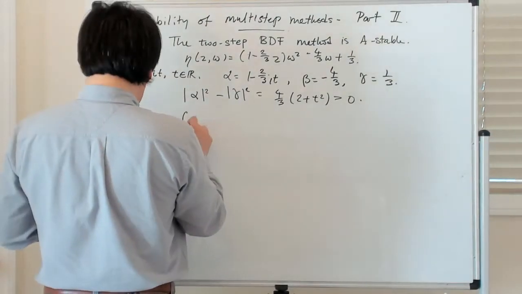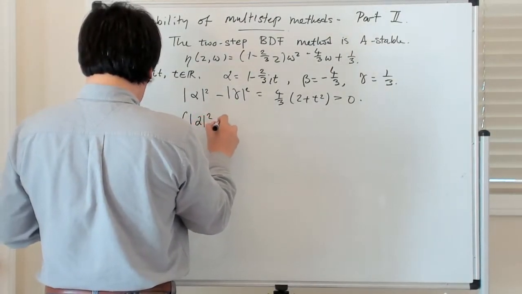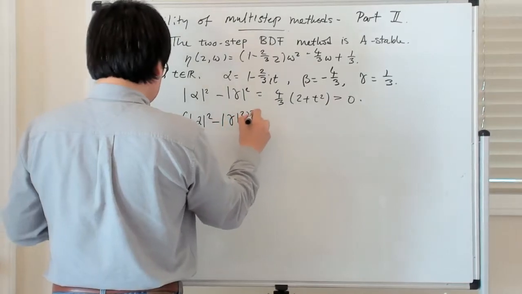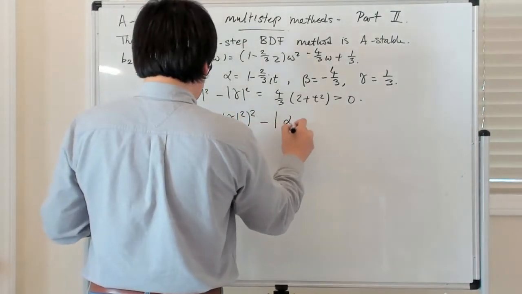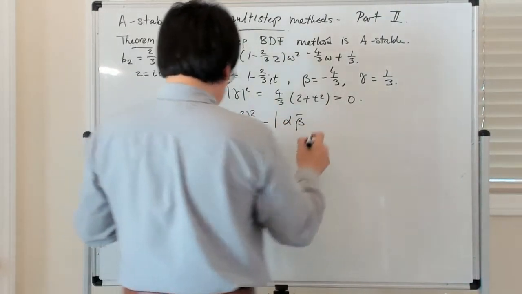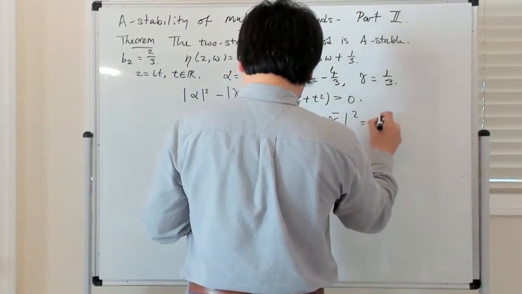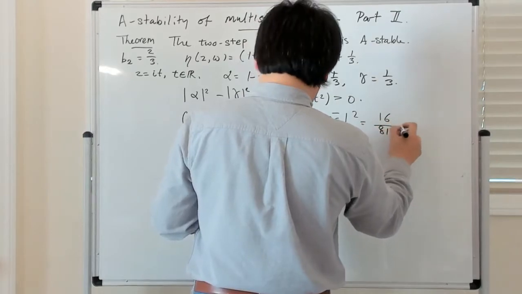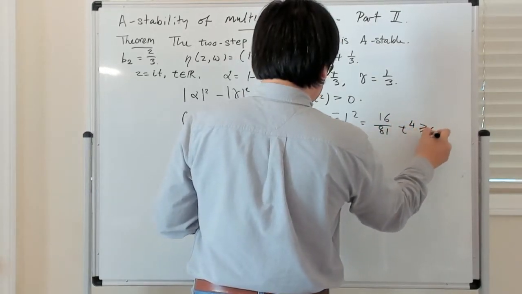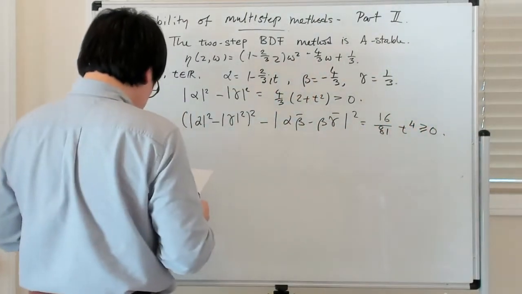Okay, and then (alpha squared minus gamma squared) squared minus |alpha beta bar minus beta gamma bar| squared is equal to 16 over 81 t to the 4, which is also greater than or equal to 0.